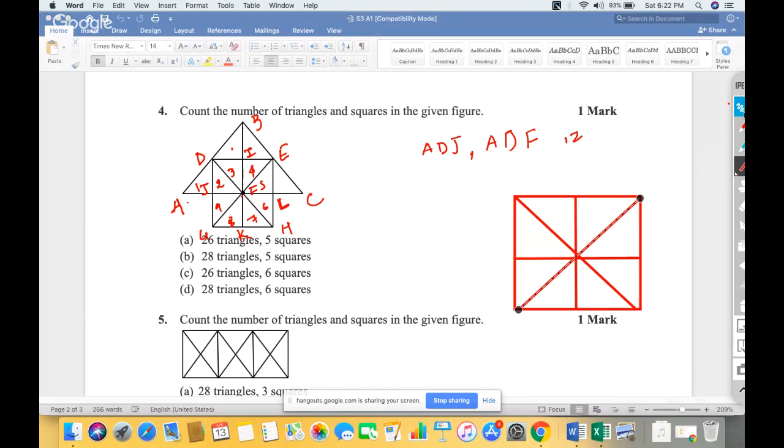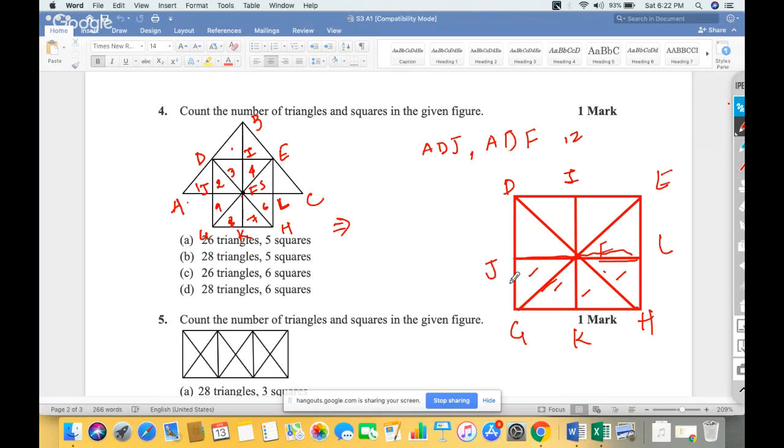So I have to calculate how many triangles are there. I have named this DIE, I have named this JFL, and I have named this GKH. Now, how many triangles are there? If I start writing the names of the triangles, if I look at this half, the number of triangles would be 1, 2, 3, 4. Then a bigger triangle, this, 5.